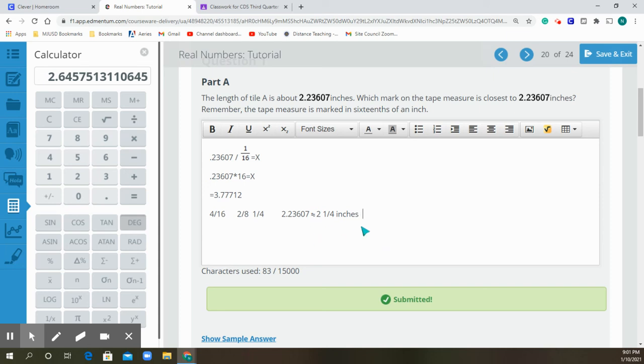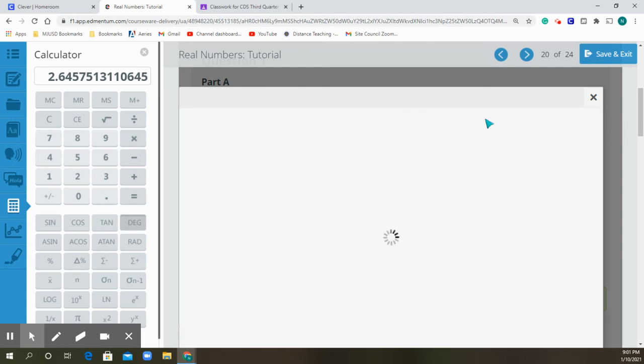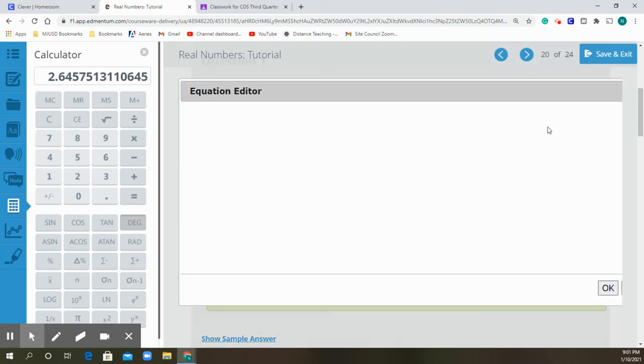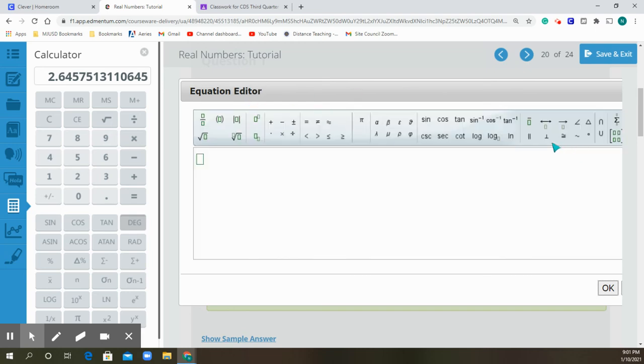This symbol is right here. It's in the editor, and it is right here. This is the approximate. All right, so it's almost equal to. Not equal to, but almost equal to.